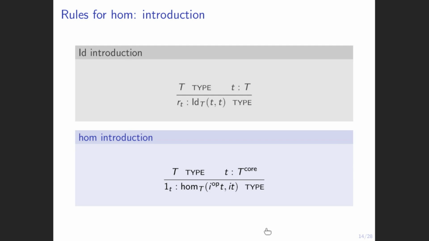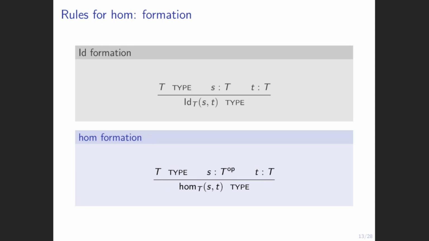Okay, and for the introduction rule, normally we just have, if we have a term t of a type T, this reflexivity term. And now in this new directed world, oh, this is a typo, of course, shouldn't be there. We want to talk about something like a term of the hom type, but if you remember from the previous slide, let me go back. If we want to put t here and t here, the first should be coming from T up, and the second should be coming from T, but that doesn't make any sense because those are not the same types.